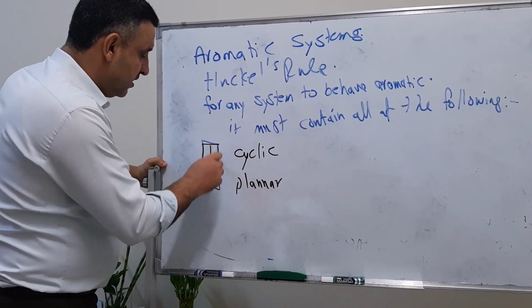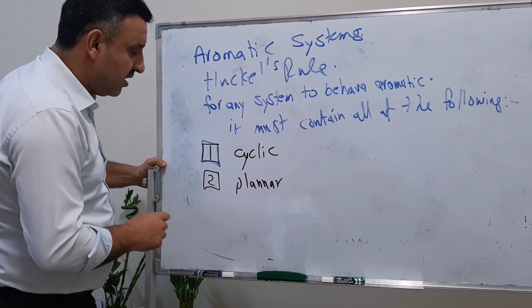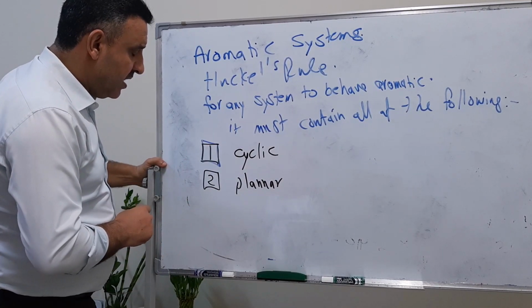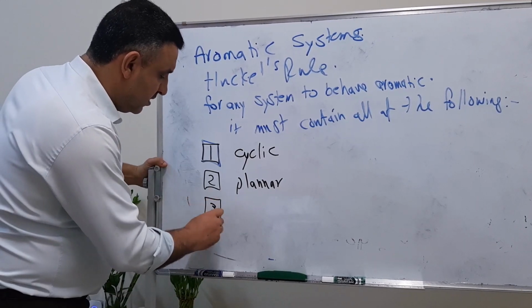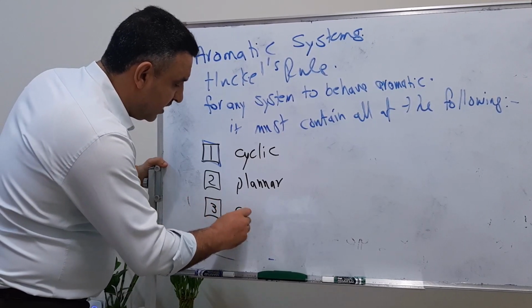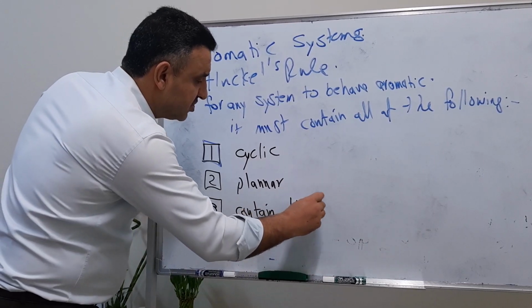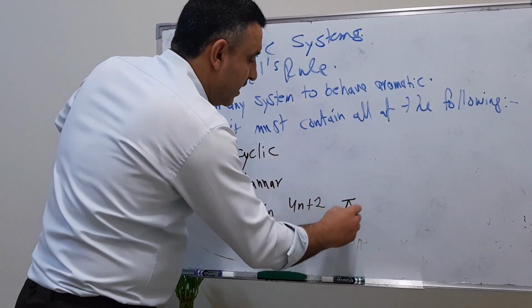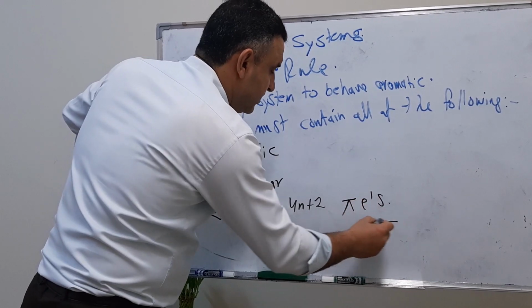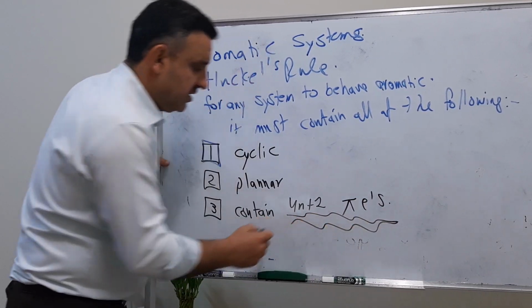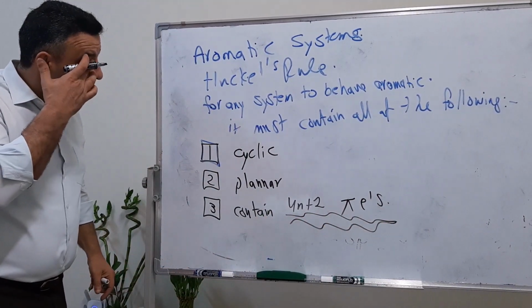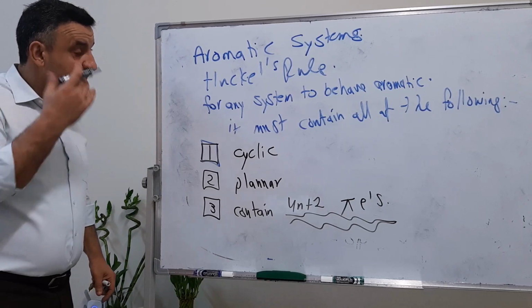And third, they must contain 4n plus 2 pi electrons. This is a very important rule which we must always take into consideration.